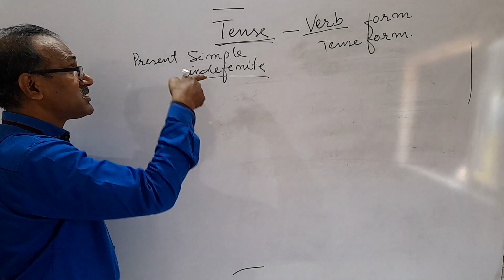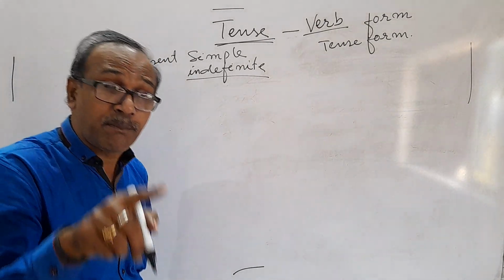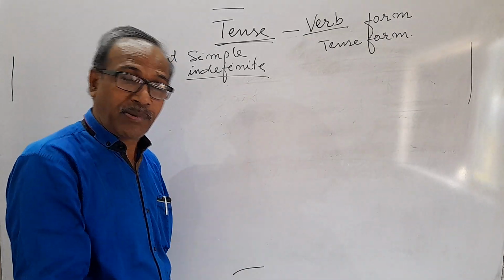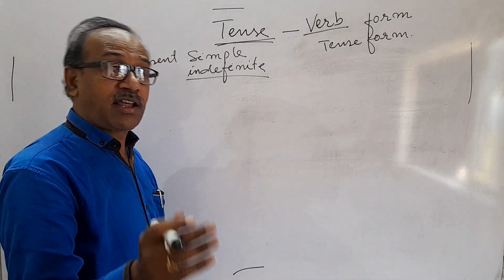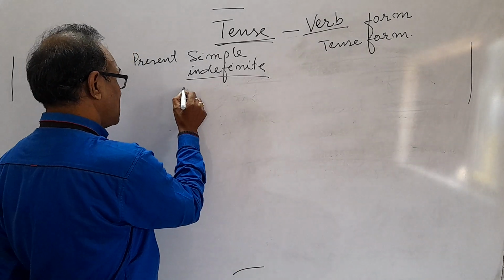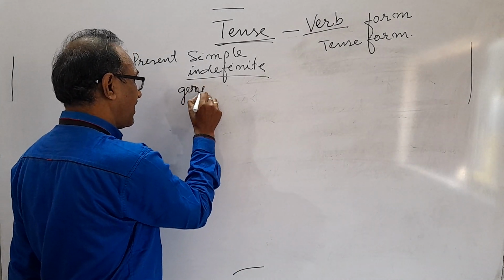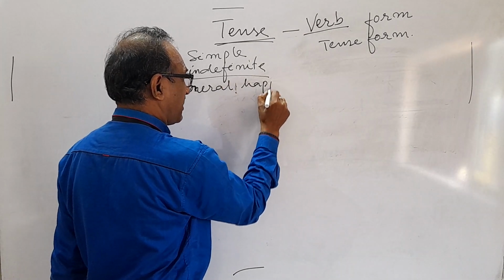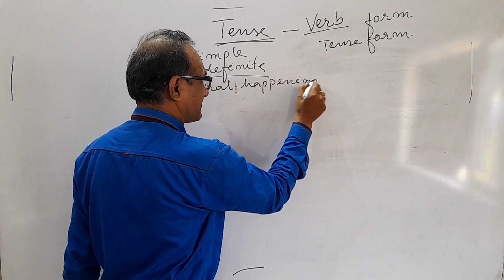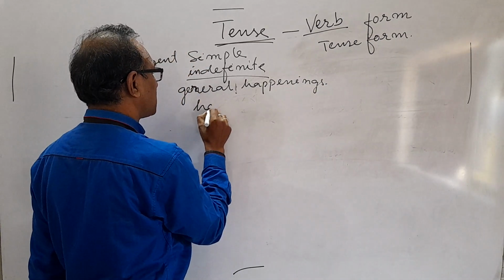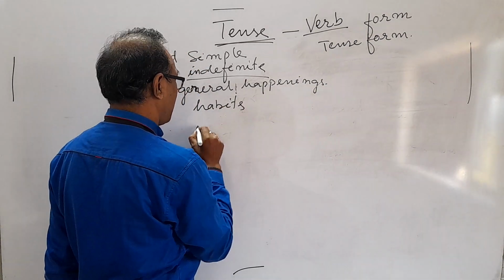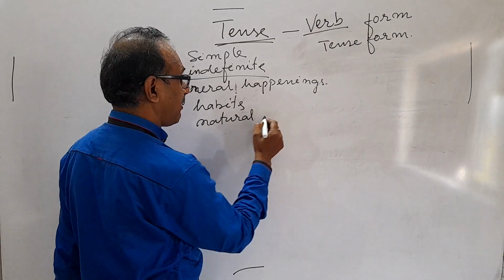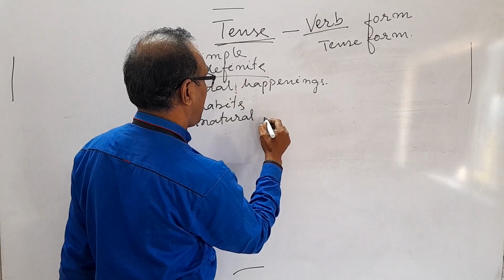So, in case of present indefinite or present simple, when the thing generally happens, that means general happenings, habits, natural happenings.